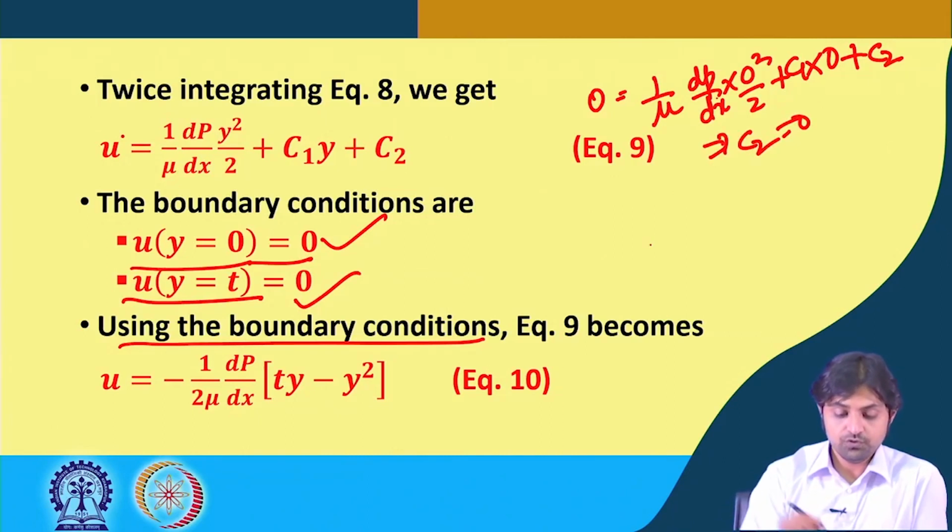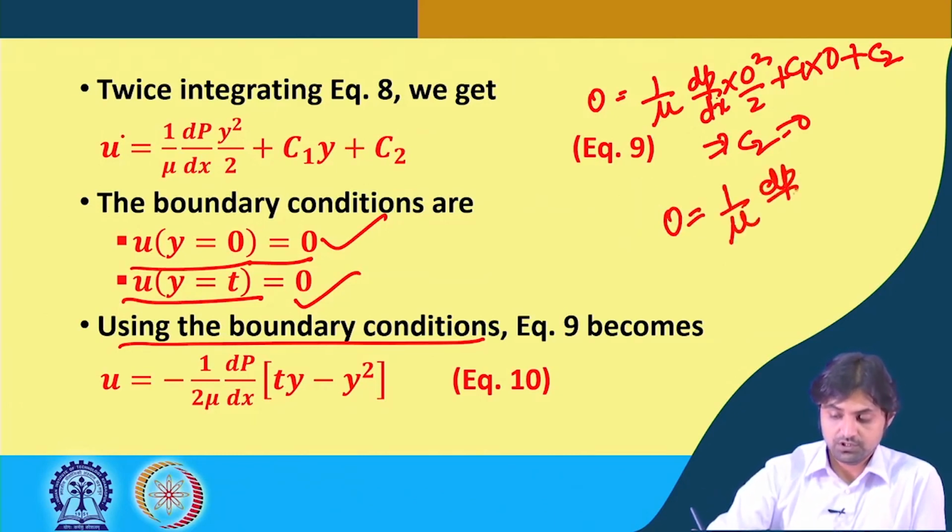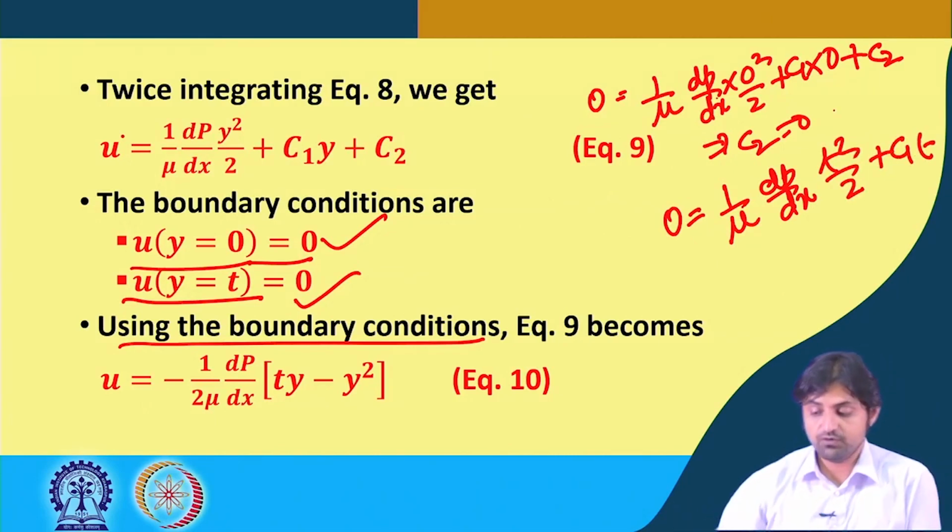And u at y is equal to t is also 0. So, 1 by mu dP/dx, and y here is t: t square by 2 plus c1 t, because we already found c2 is 0.